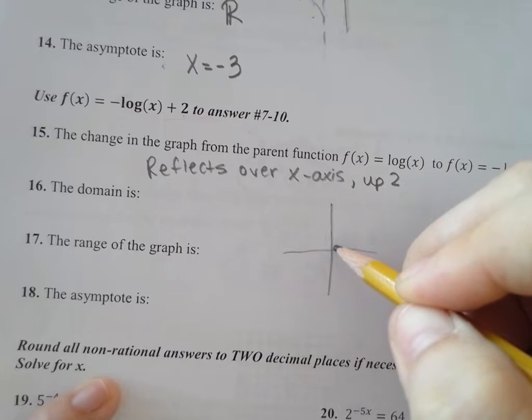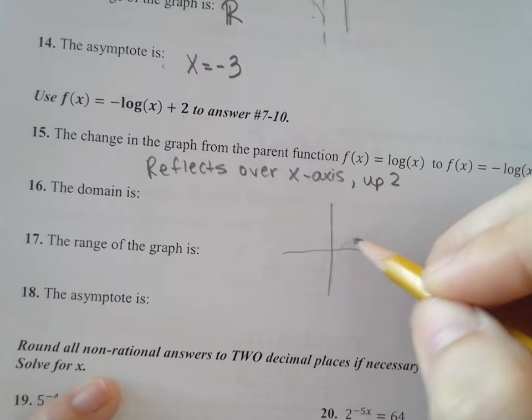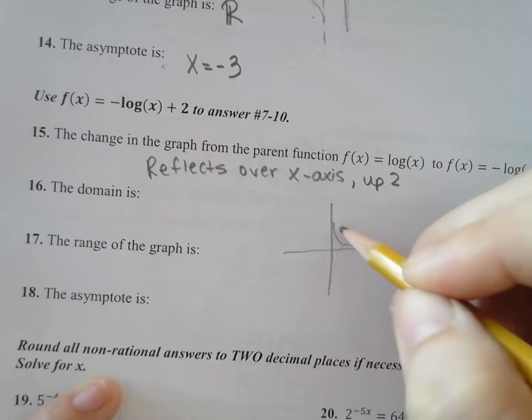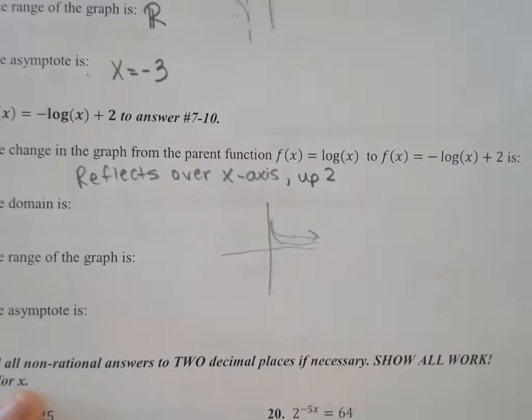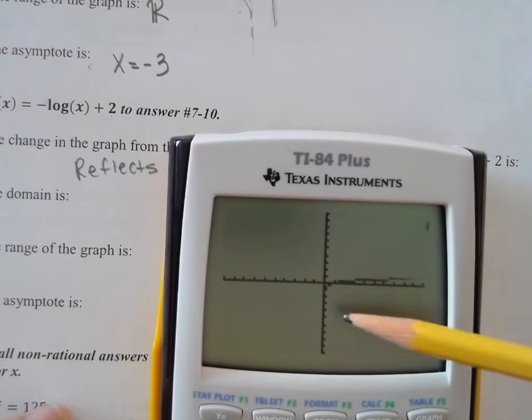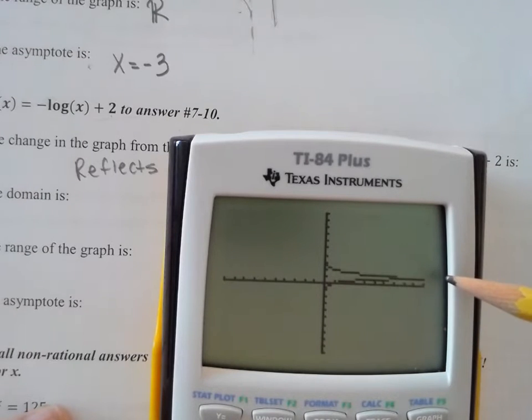Normally it should be doing this, so if it reflected and then moved up 2, then we're doing something like this. Again, we can graph this. So normal one should be just normal log x. Our new one is negative log x plus 2. So there's our normal. Here's our new.